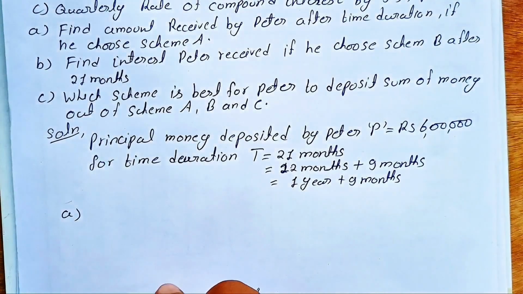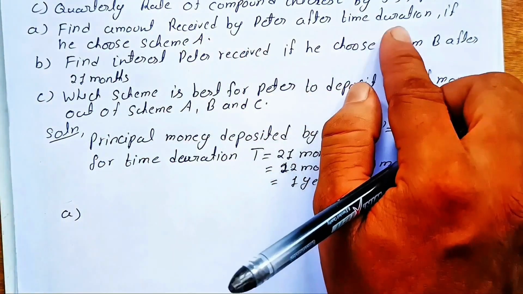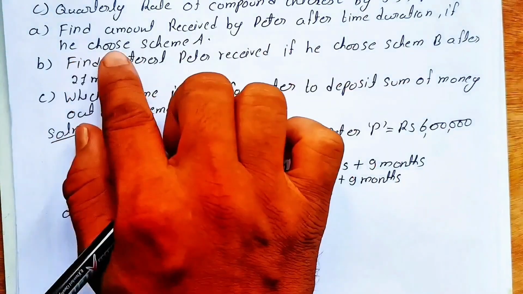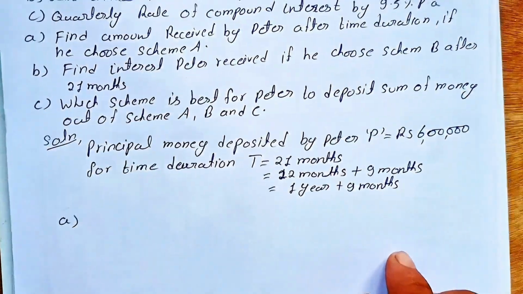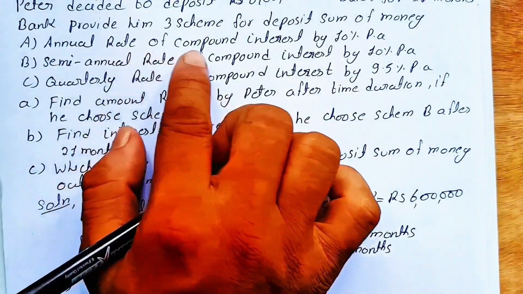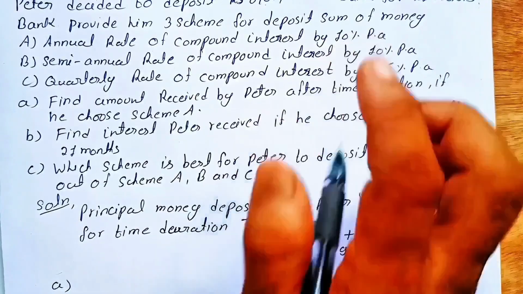Now in section A, what do we have to find? The amount received by Peter after the time duration, and the time duration is 1 year 9 months, if he chooses scheme A. In scheme A, what is given? Annual rate of compound interest of 10%.